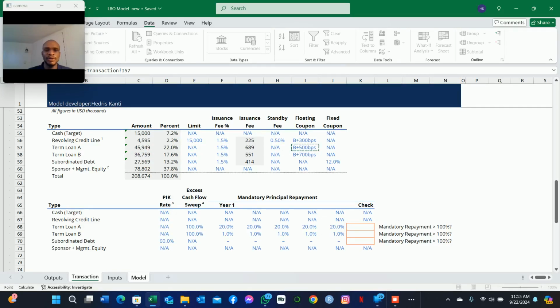So in this case, it's 500 basis points, given the risks taken and also the jurisdictional risks as well. So we are saying that this floating rate coupon is added to a benchmark. So that's why you see B plus 500 basis points. So there is a benchmark, which is additional compensation for additional risks taken, and also for jurisdictional risk.